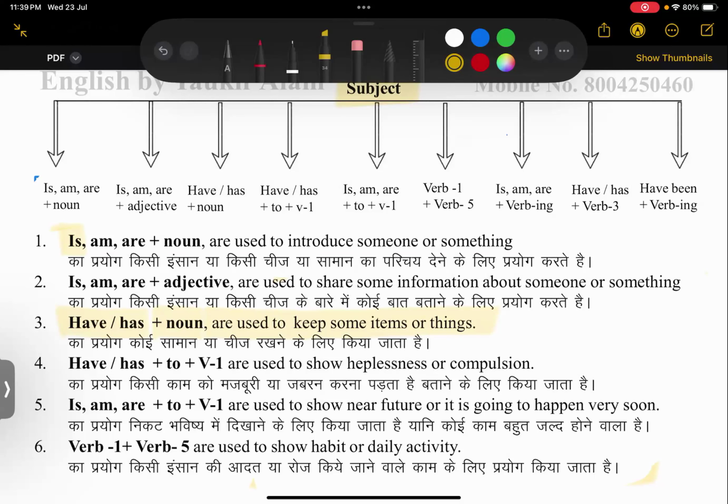I have plus noun. Okay. Example: I have a laptop means I keep a laptop. I have a mobile means I keep a mobile. So I have plus noun means I'm talking about keeping some items or some things, right?